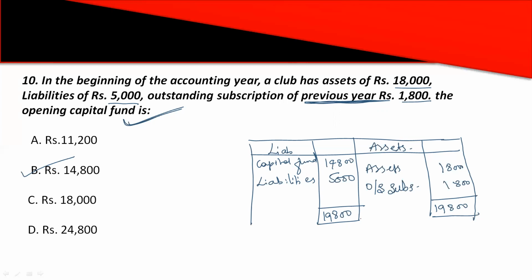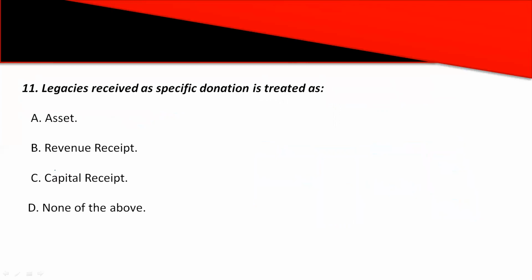Then next, the 11th question, this is your homework. You have to give me its answer in the comment section below, and if possible also try to write the explanation for your answer. The question is, legacies received as a specific donation is treated as what? Option A, an asset, option B, revenue receipt, option C, capital receipt, option D, none of the above.